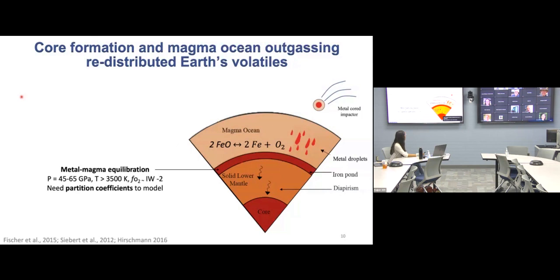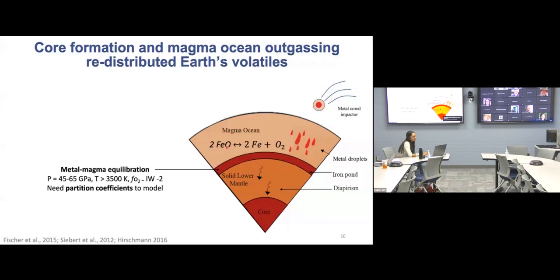So this was both a physical and a chemical separation process, and the main chemical reaction that we think occurred was this redox reaction between iron and iron oxide, by which iron became reduced out of the magma ocean to form the core.